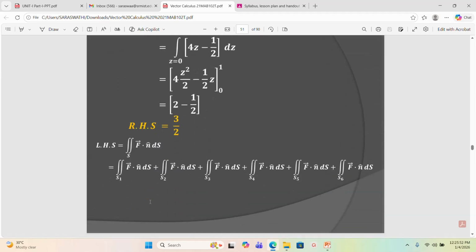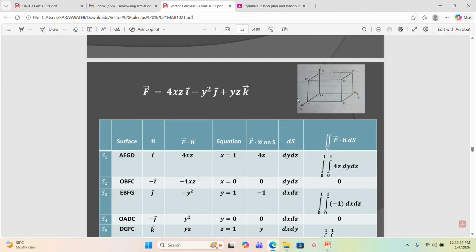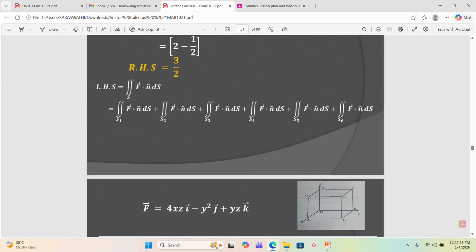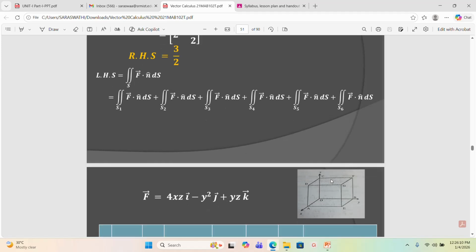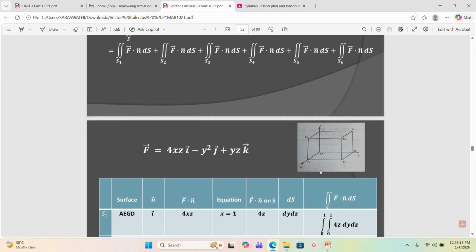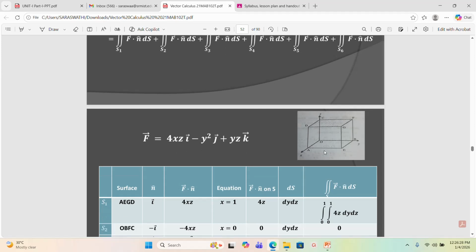There are 6 faces given. First of all, the surface S is the double integral over S1, S2, S3, S4, S5 and S6. In the first face, along S1, we can take it as A, E, G, D. The second face is O, B, F, C, which is the second surface S2.